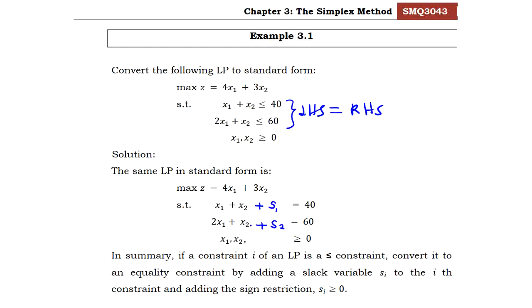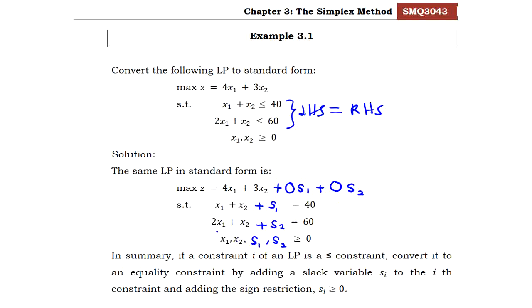Okay, so instead of 2 variables, now we have 4 variables, x1, x2, s1 and s2 must be greater or equals to 0. And for the objective function, the coefficient for slack variables are zeros. So 0 s1 plus 0 s2.